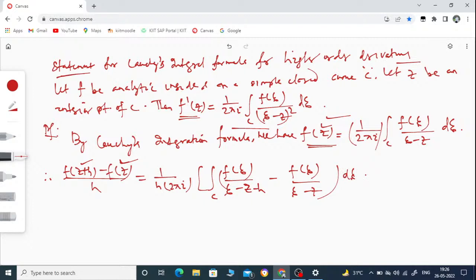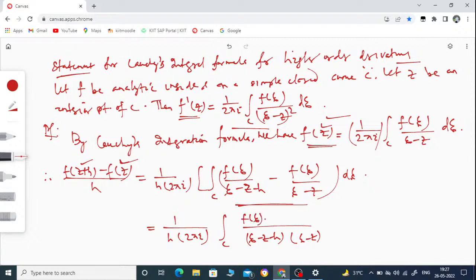Okay, so again I can write this. After this subtraction, this will be 1 by h times 2 pi i, integral over C. My LCM will be ζ minus z minus h and ζ minus z, and if I take f of ζ as common, then after the subtraction only h will be left. This will be ζ minus ζ plus z plus h, so only h will be left, dζ.